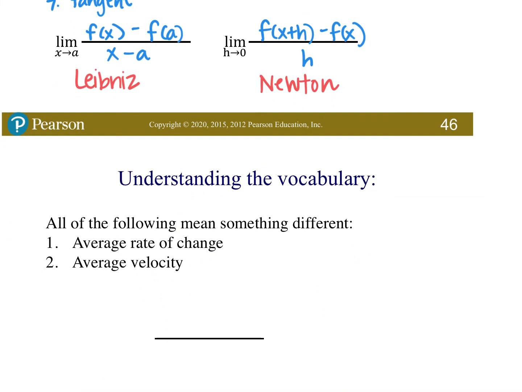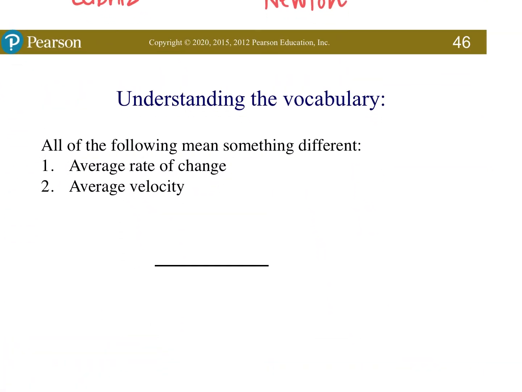So for the last thing, if you have the word average, it means something different. If you have the word average, it means you do not have limit in front. It's still f of b minus f of a, but without the limit, it totally changes things.